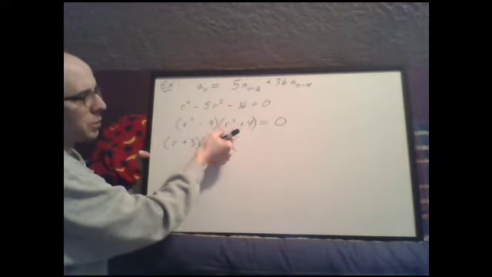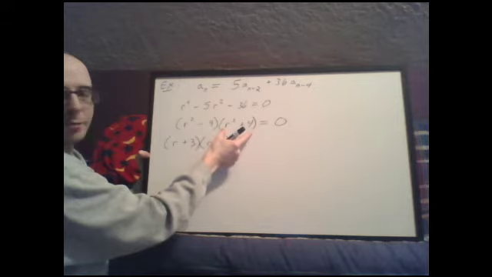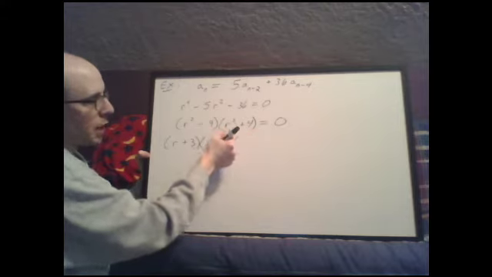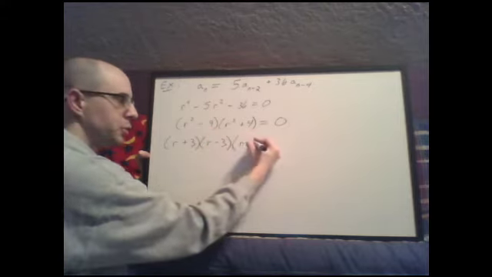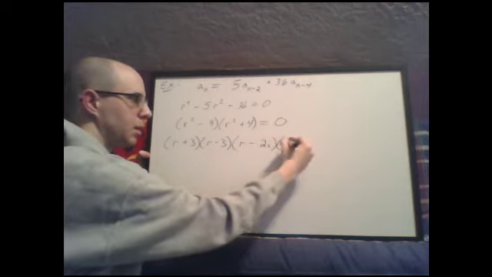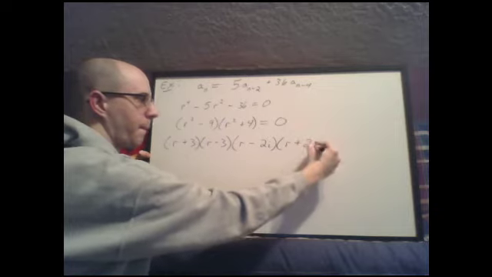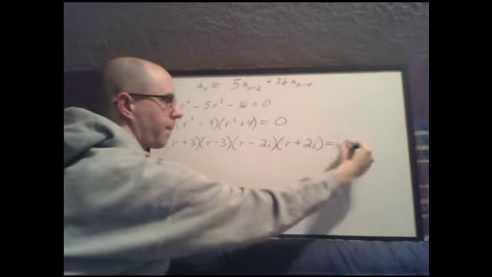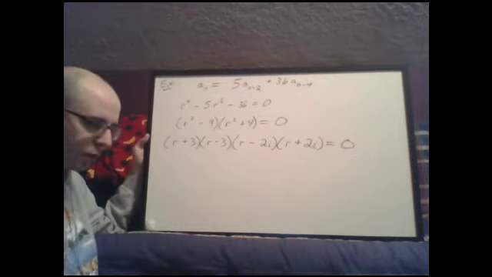If r squared equals negative 4, you'd make this factor 0. So r needs to be 2i or minus 2i. So this is our fully factored characteristic polynomial.